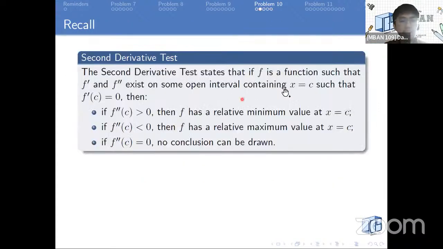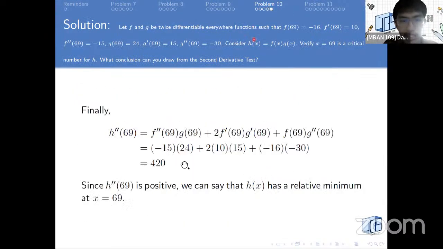Lumalabas na yung h prime of 69 ay equal to 0. Tapos yung h double prime of 69 ay greater than 0. Hence, h of x has a relative minimum at x equals 69. Okay.